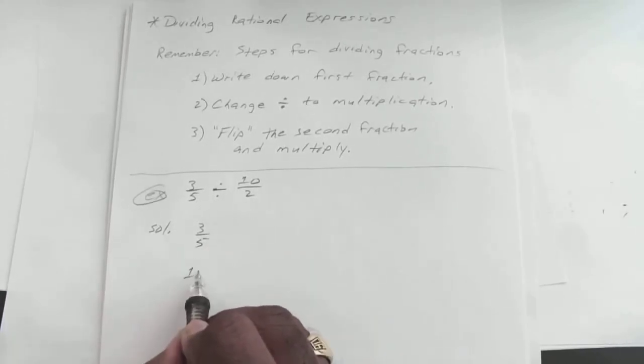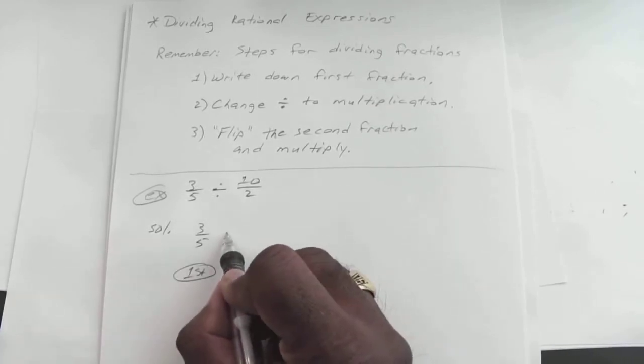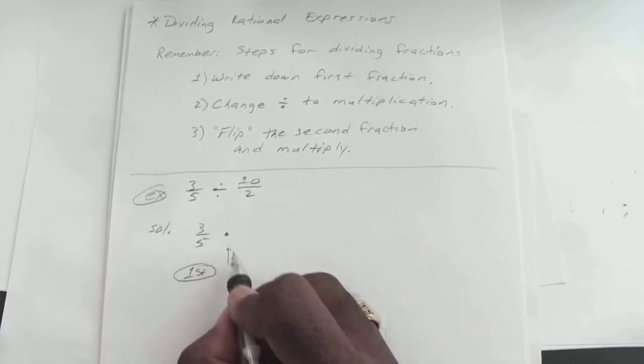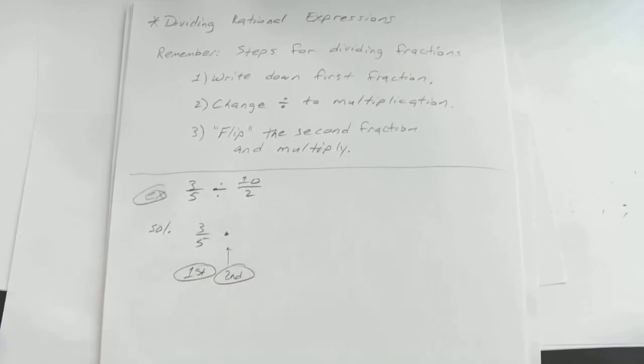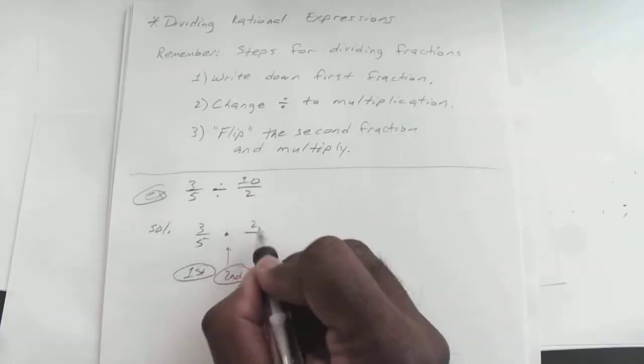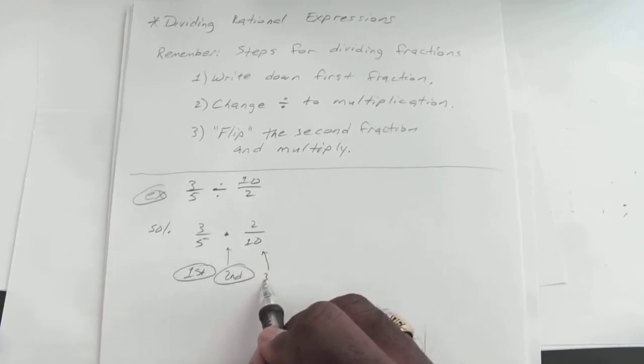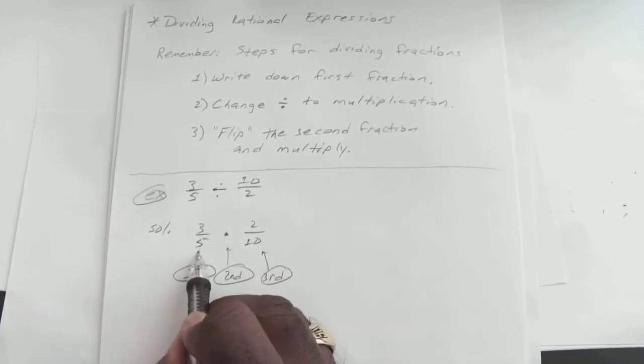Your division changes to multiplication. And then you flip the second fraction, so instead of 10 over 2, it would be 2 over 10. That would be your third step.